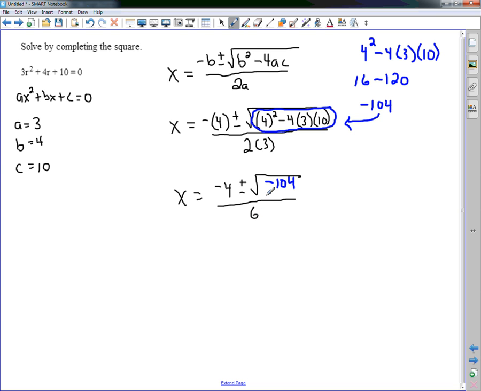Now, the next step is to simplify the square root of negative 104. Okay, off to the side again. So negative 104 breaks down into negative 1 times 104, 2 times 52, 2 times 26, 2 times 13.